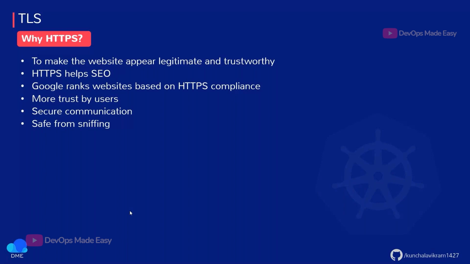Google ranks websites based on HTTPS, so it won't rank any website running on HTTP, and it won't even be visible in your search results. So to gain more trust from your users, you need to enable HTTPS. It is also safe from sniffing, because the data is encrypted.